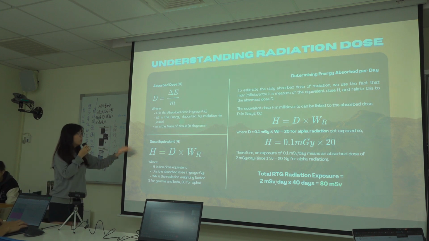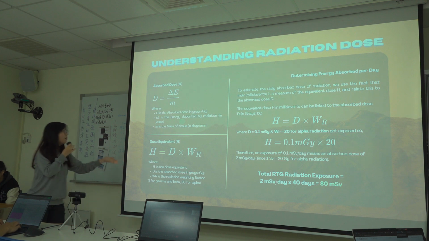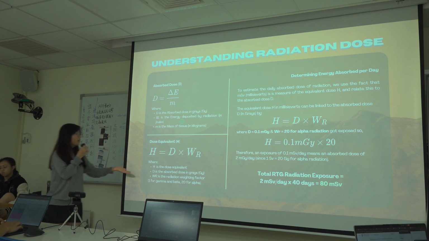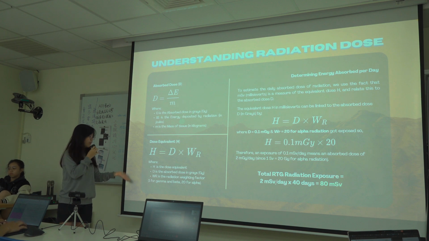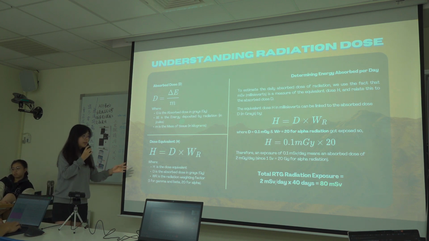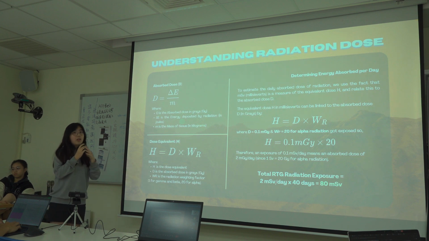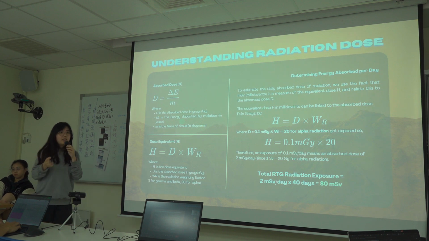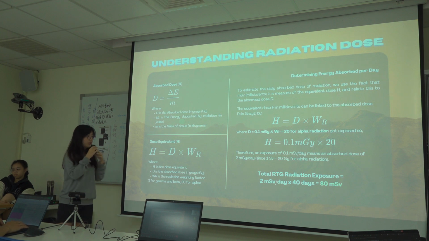The second one is the dose equivalent, which we get from multiplying the absorbed dose with the radiation weighting factor. There are two types: the value 1 is for gamma and beta, and 20 is for alpha. The RTG equipment emits alpha radiation, so we will consider 20.